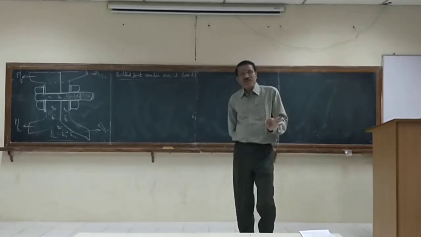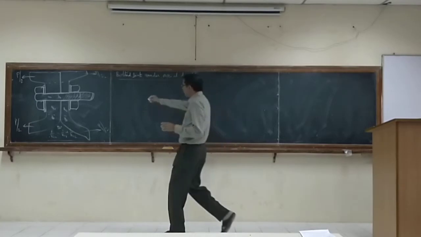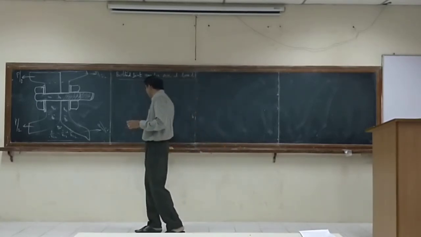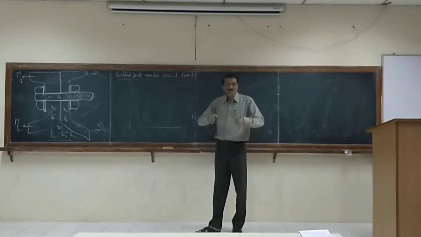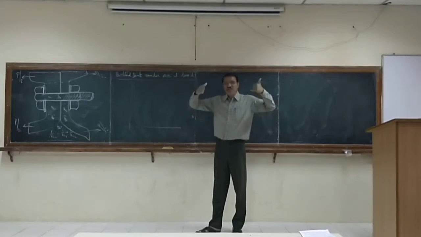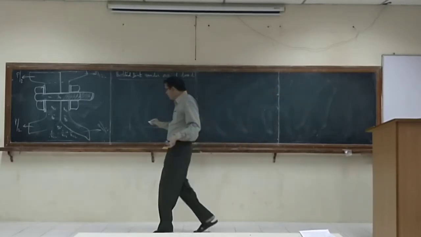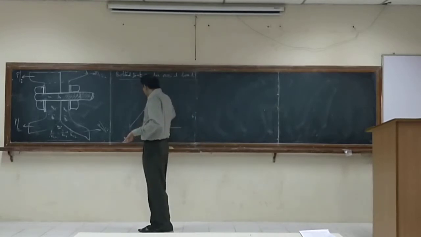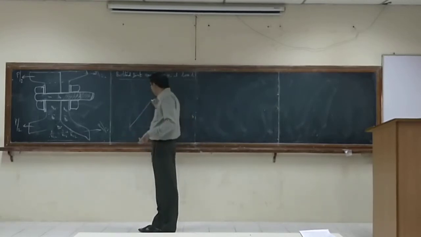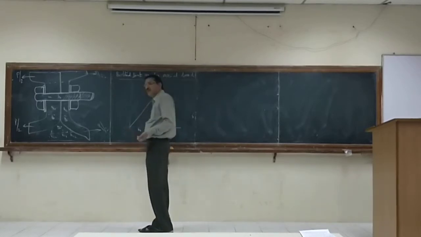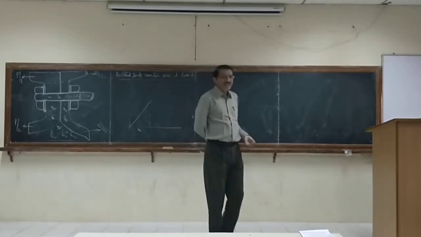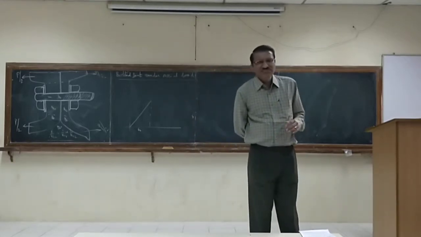Then can you represent the preload on a graph? When you apply some preload on the bolt, at a given time, there is a tensile force on the bolt. What happens due to this? The bolt will be stretched, and let us say this is delta B. At the same time, what happens to the components?